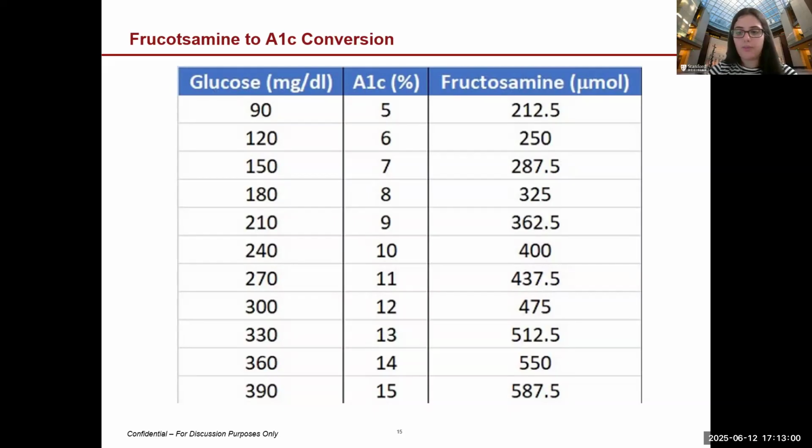So, for example, if a patient's fructosamine is 325, that's roughly equal to an A1C of 8% or an average glucose of 180, which is also higher than what we aim for. So while fructosamine is a different test, the conversion will help us align it with familiar A1C based treatment targets.